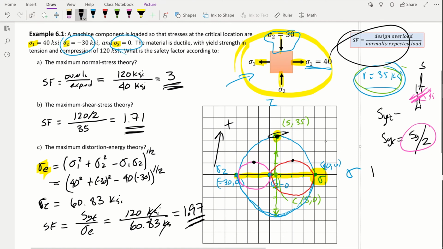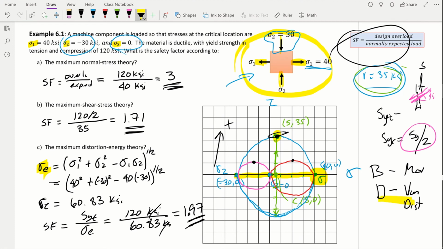Again, if the material is brittle, we use the Mohr. And if the material is ductile, do you remember which one it was? It's the von Mises, which is another name for maximum distortion energy. So the best predictor for a ductile material will be the maximum distortion energy, this guy here. Hopefully you remember that they told us in the problem statement, the material is ductile.